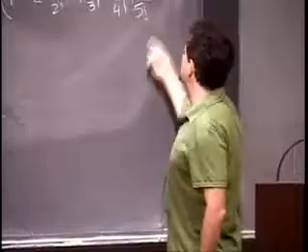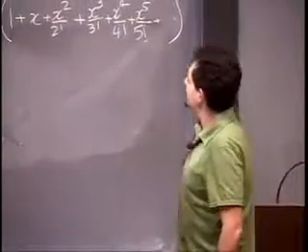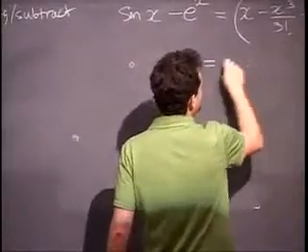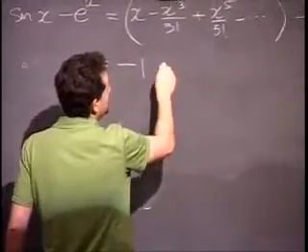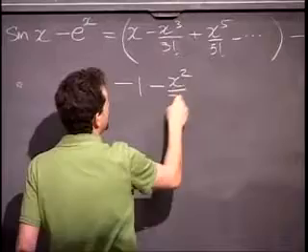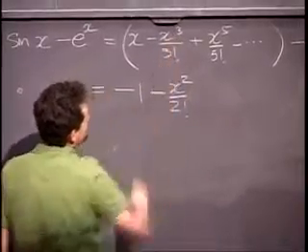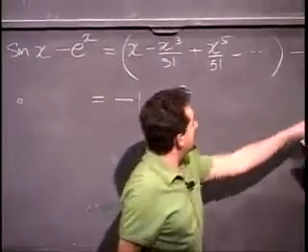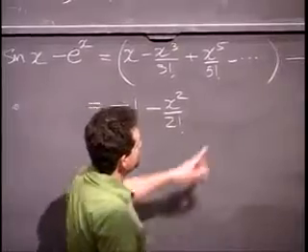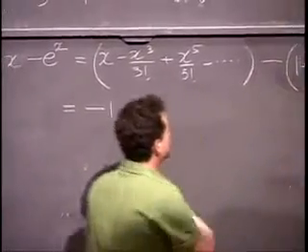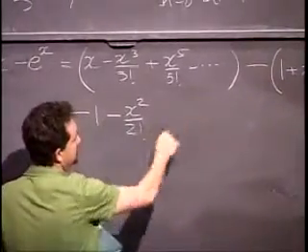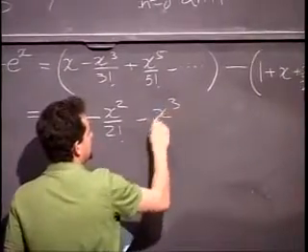So let's just say I do it to 5, so that I don't have to write out an extra term here. And you will see that you get negative 1. The x's cancel out. You'll have a minus x squared over 2 factorial. This is x cubed over 6, but it cancels out with this one here. No, it doesn't. It is an extra minus. So it'll be x cubed over 6 minus x cubed over 6, so x cubed over 3.